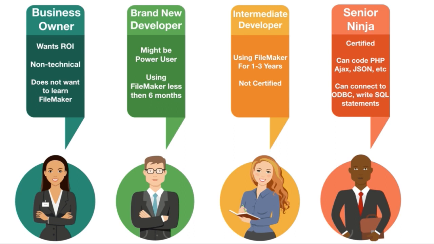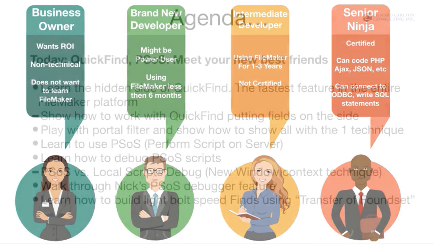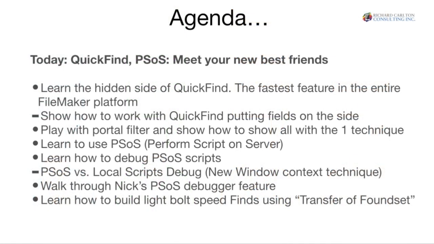Originally, we thought this course would be for brand new people and intermediates to some degree to learn how to build custom applications. But I can tell you that the senior people are all learning stuff today. We also have business owners. If you're a business owner or a manager, make sure that the people doing FileMaker work for you are learning this material.